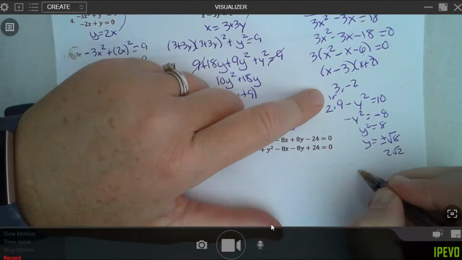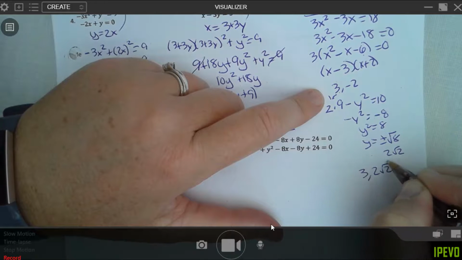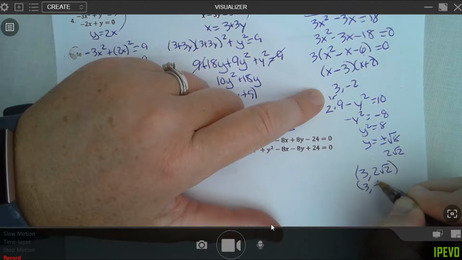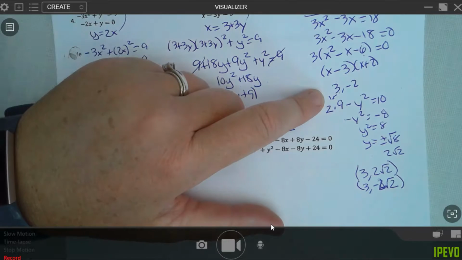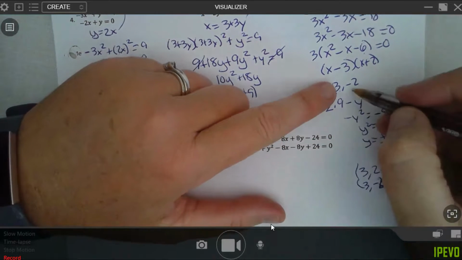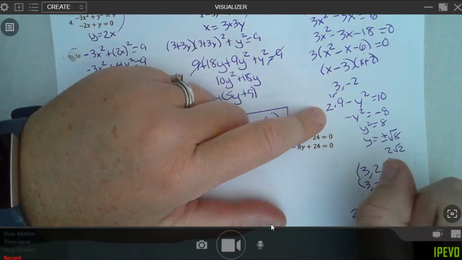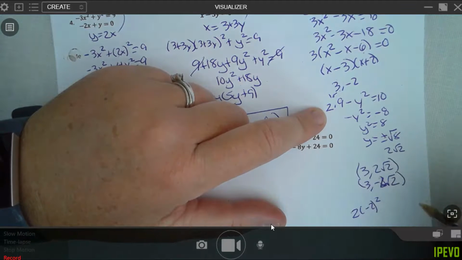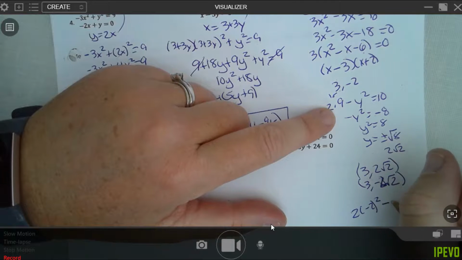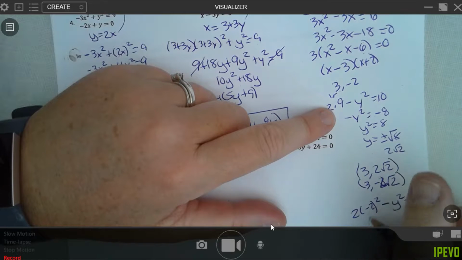So when I plugged in 3, I got out 2 radical 2, and negative 2 radical 2. When I plug in negative 2 up there, I'm going to end up with 2 times negative 2 squared minus y squared. So that's 4. 4 times 2 is 8.